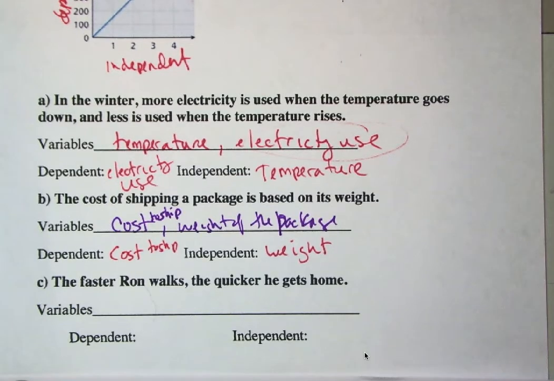All right, ready? Our last one here. You've been hanging in really good. Okay. The faster Ron walks, the quicker he gets home. All right, so what are the things that change here?